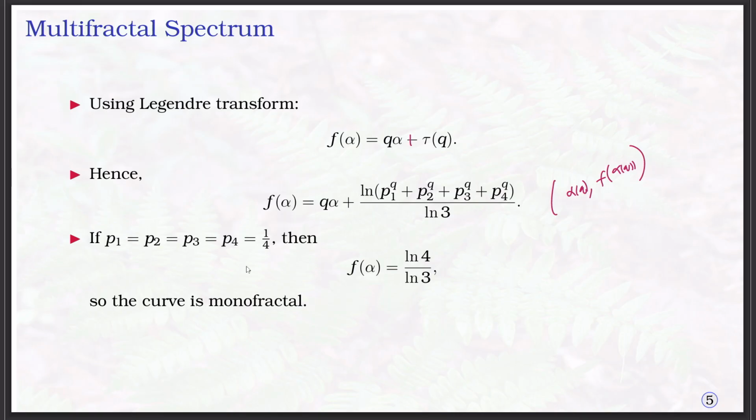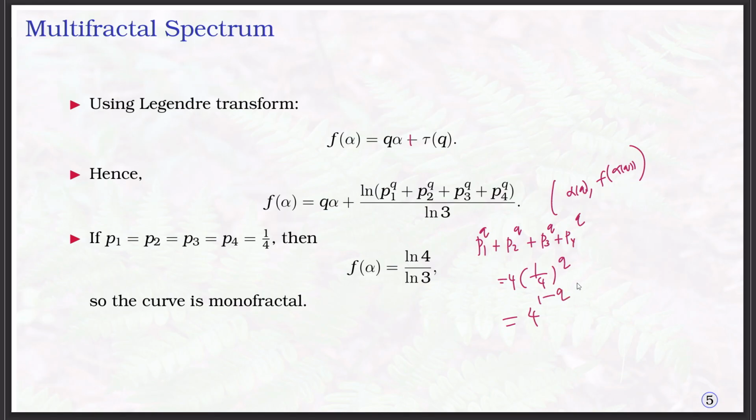Now suppose in the particular case, we take all the probabilities as equal in all the line segments. If we give equal probability, then p1 power q plus p2 power q plus p3 power q plus p4 power q is 1 by 4 power q, times 4, and this can be written as 4 power 1 minus q.